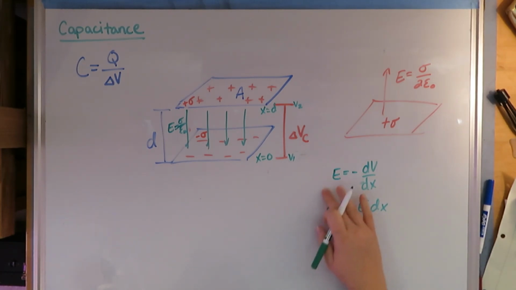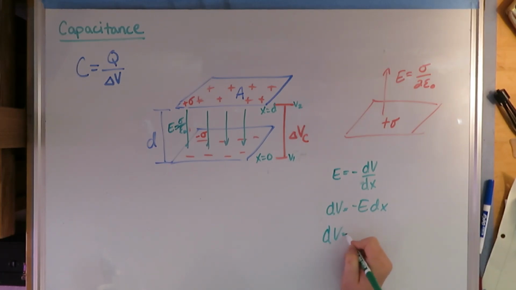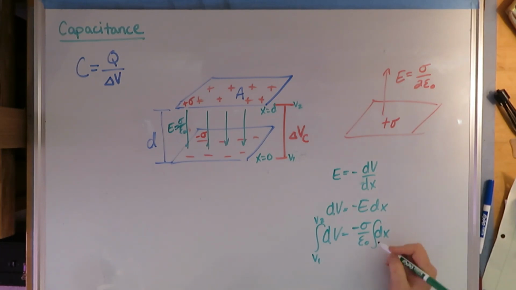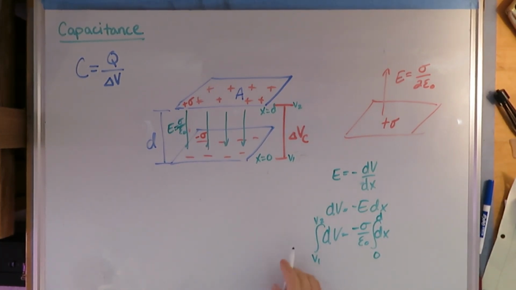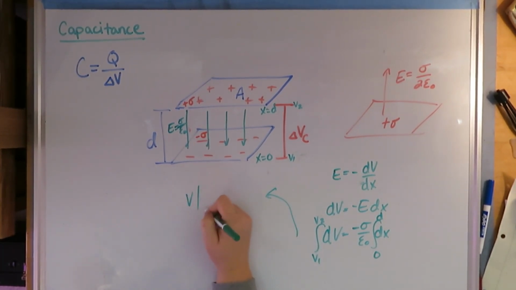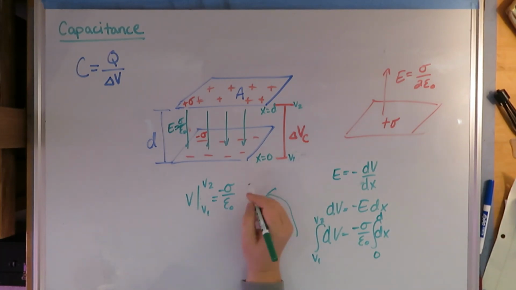Let's sub in first. My electric field is going to be negative sigma over epsilon naught times dx. Those are constant, so when I go to integrate, I integrate V between V1 at the bottom plate and V2 at the top plate, and then I integrate over here from 0 to d. I end up with V evaluated from V1 to V2 equal to negative sigma over epsilon naught times x evaluated from 0 to d.